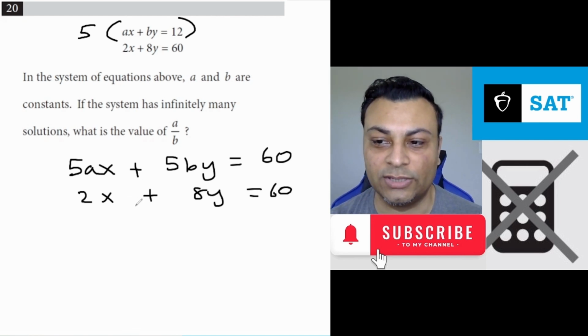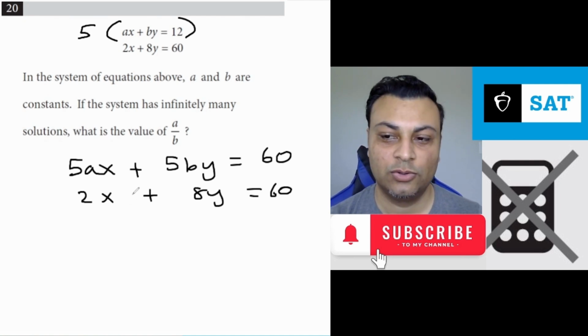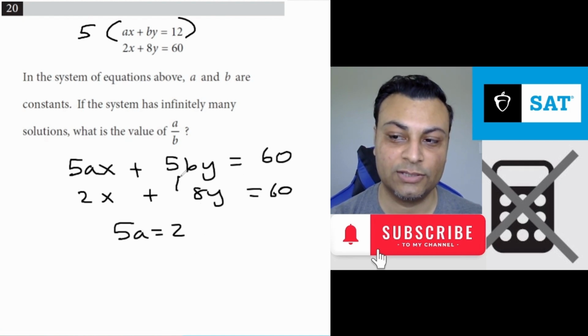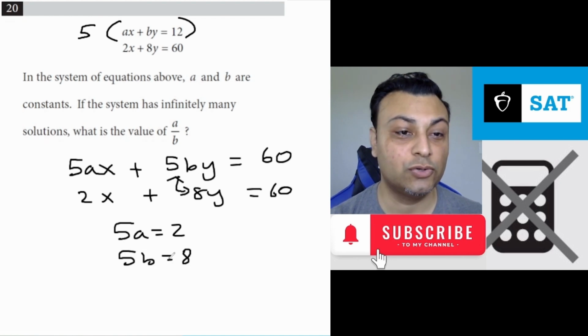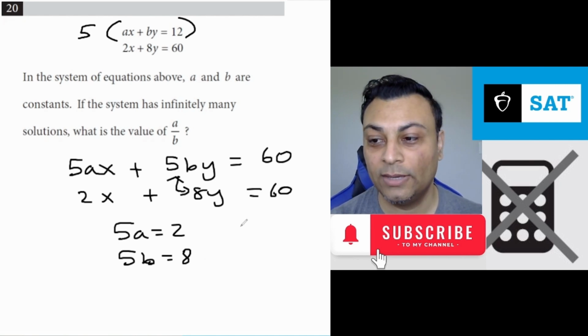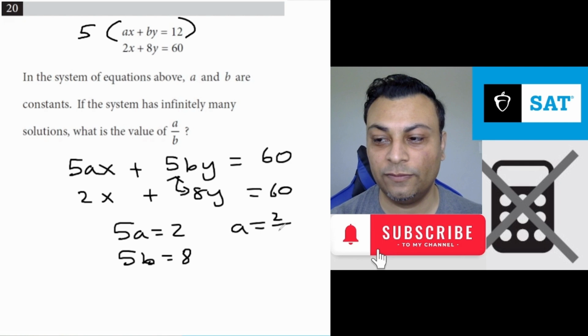One way you could do this would be that 5a equals 2 and 5b equals 8. You're just comparing these. You could solve for A and you could solve for B. And let's do that. That's one way. A would be 2/5.